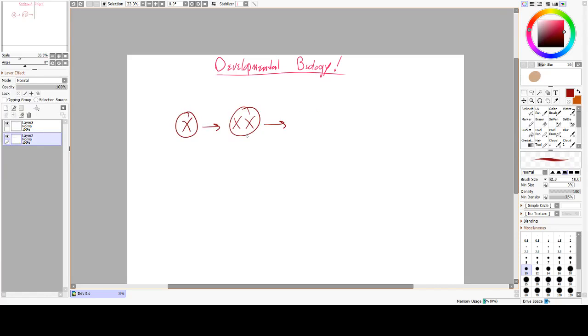This is prophase 1, where crossing over can occur, so 2 of the same chromosome can split and swap bits of their chromosomes, and that's how you can get more genetic diversity. Then those 2 cells divide in meiosis 2, where you get half the amount of chromosomes. And so that's how those are developed.